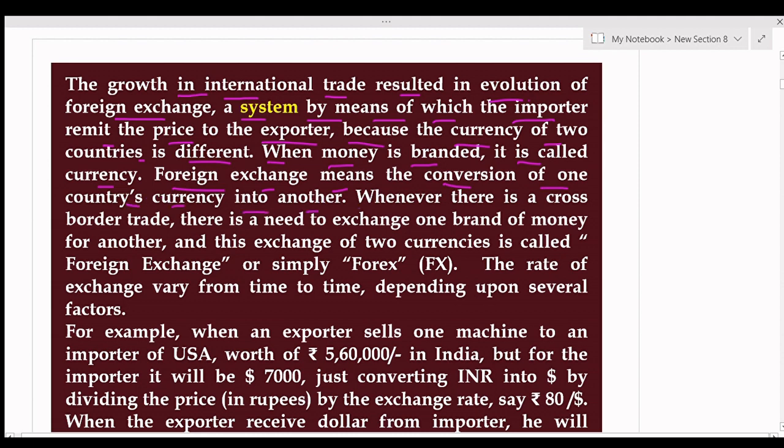Whenever there is a cross-border trade, there is a need to exchange one brand of money for another, and this exchange of two currencies is called foreign exchange or simply Forex. The rate of exchange varies from time to time depending upon several factors. I will discuss these factors later.